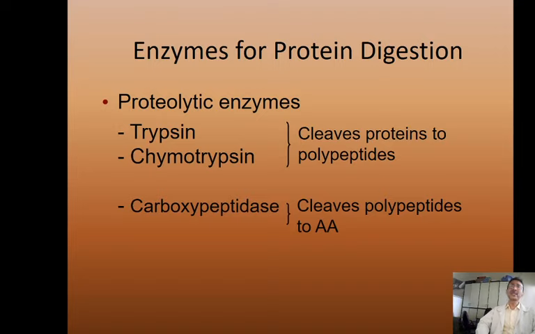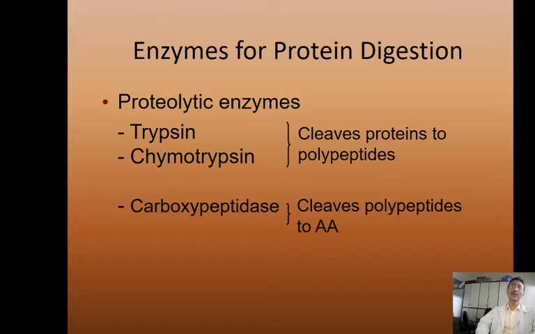So let's briefly discuss protein digestion. In this pancreatic juice, the enzymatic part consists of certain proteolytic enzymes. These proteolytic enzymes consist of trypsin, chymotrypsin and carboxypeptidases. The trypsin and the chymotrypsin break down the proteins into polypeptides.